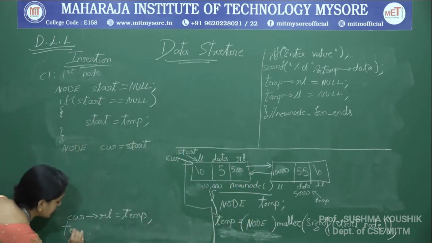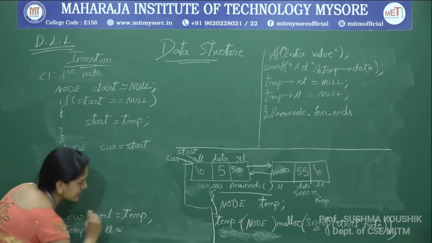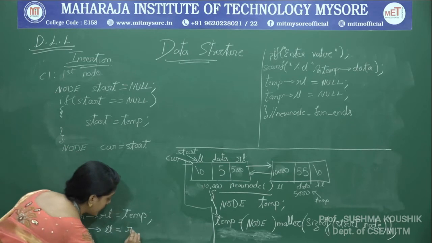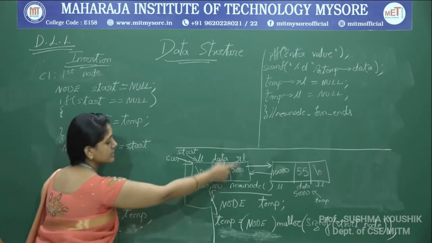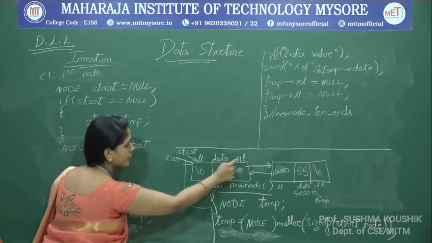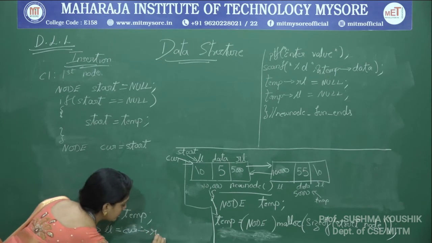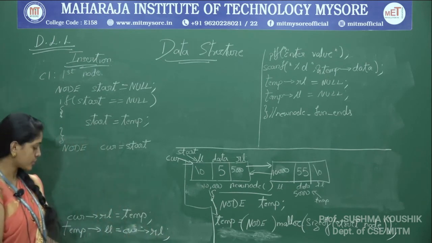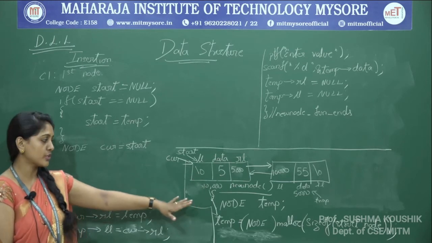So we will write temp of LL is equal to, sorry, not RL, I cannot directly say RL abruptly, current of RL. Okay, looks good now. This scenario holds good for us at this point of time.